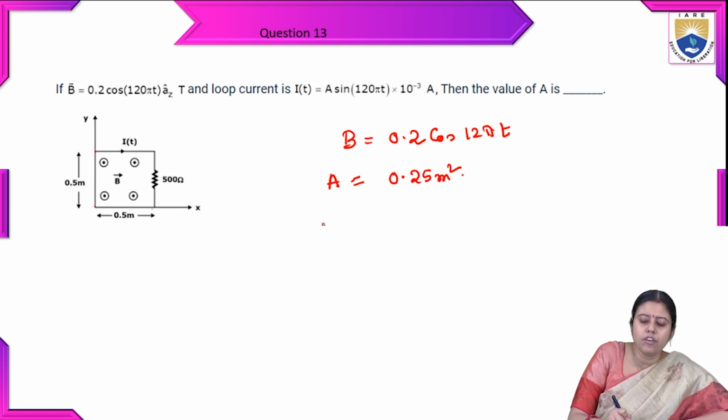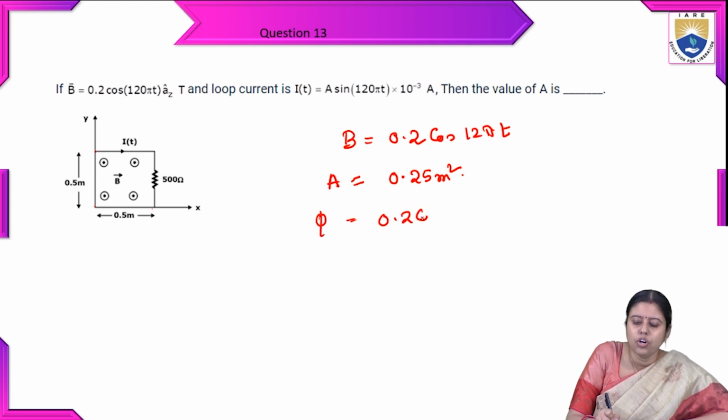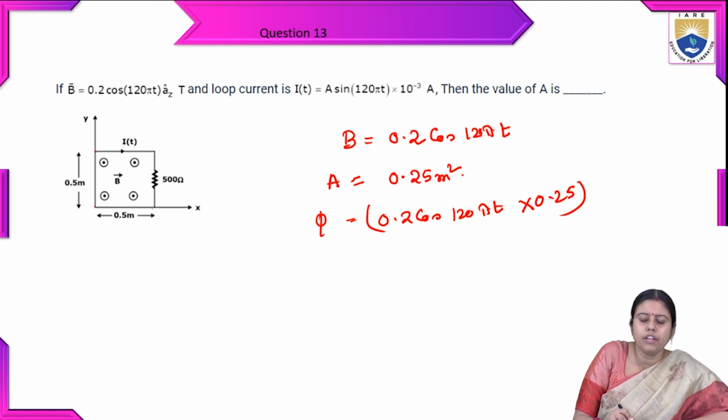So what is the value of the flux? The value of the flux is 0.2 cos 120 pi t into 0.25. We got the value of the flux.